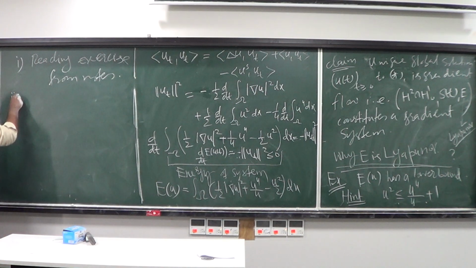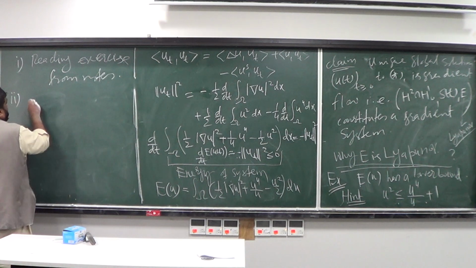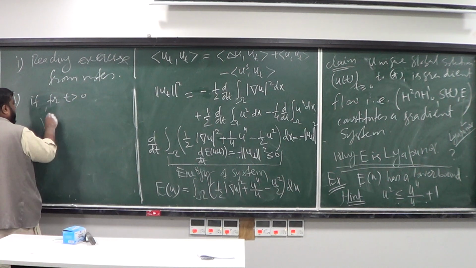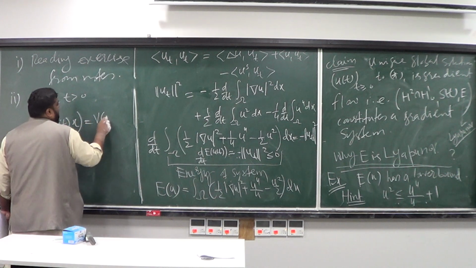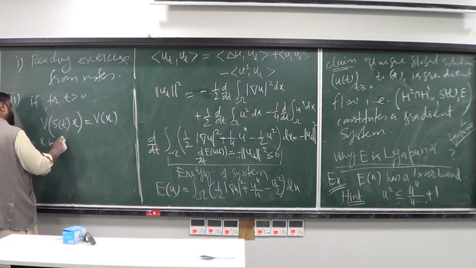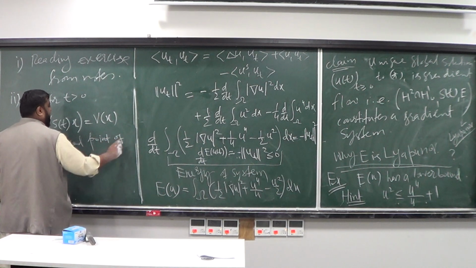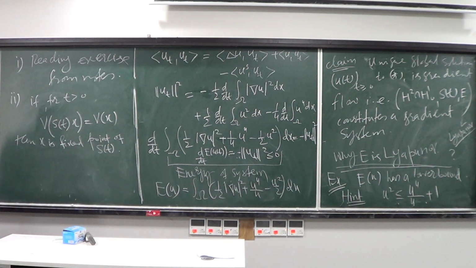The second condition in the definition is that if you have an instant t positive such that V of S of t applied to some x is equal to V of x, then x is a fixed point of S of t. This is the second condition that we would like to show.